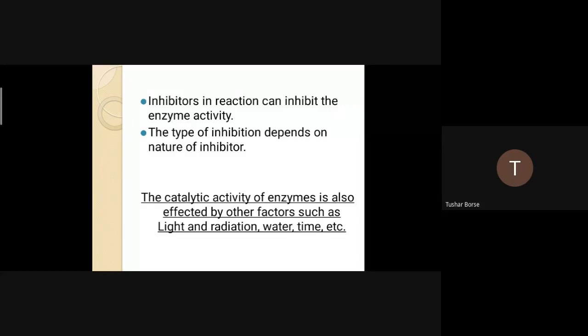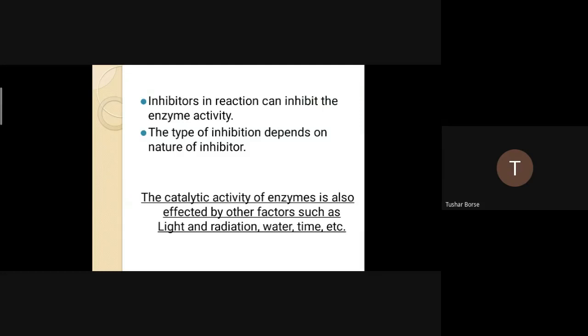So there are three types of inhibitors: competitive, non-competitive, and uncompetitive. The non-competitive inhibitor is a type of inhibitor in which the enzyme has the active site, but the inhibitor comes and binds to the enzyme at a site other than the active site.